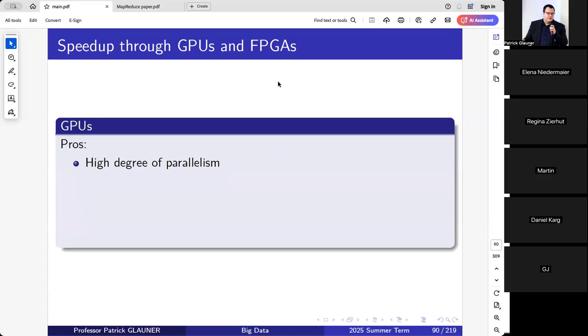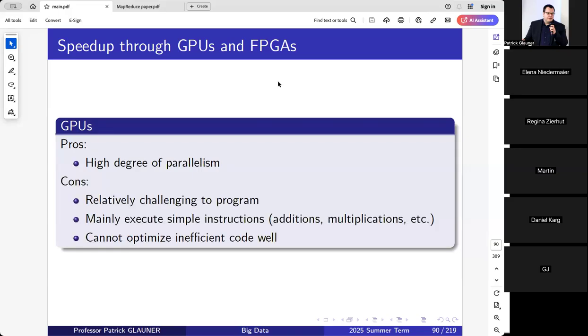And the GPU is pretty much the exact opposite. A GPU has a very high degree of parallelism, but using that parallelism is tricky because we need to learn how to use some specialized library like CUDA or whatever. And most GPUs don't have much of this other stuff.